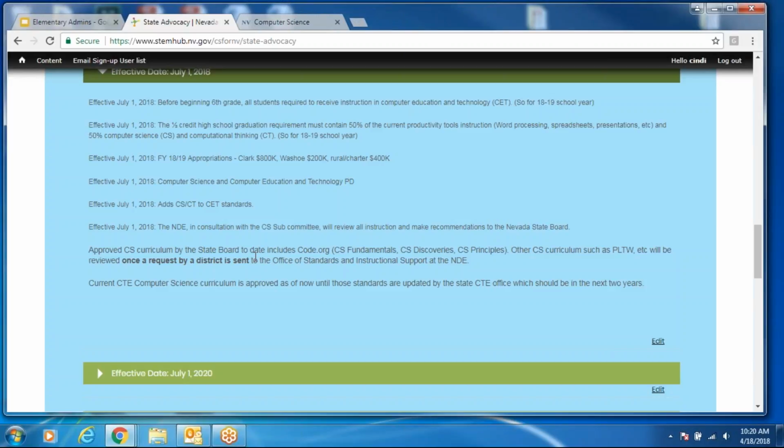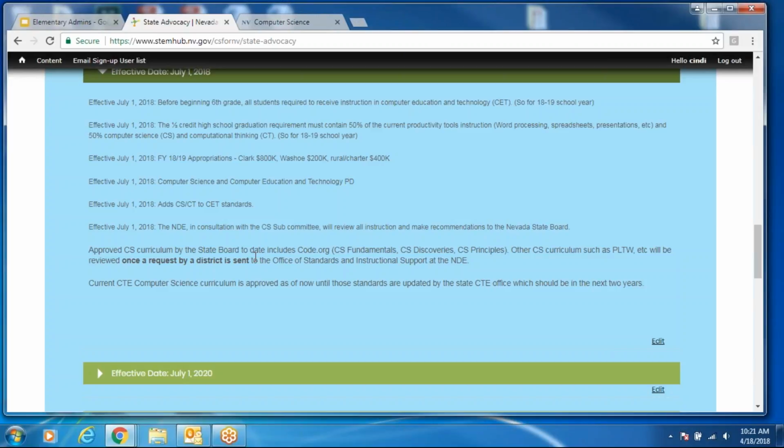Just like textbook adoptions, if there are other CS curriculums such as Project Lead the Way that your district chooses to use above these, then the district needs to go through the same process and submit a request. All of the forms are on the department site to have this curriculum reviewed and then accepted.